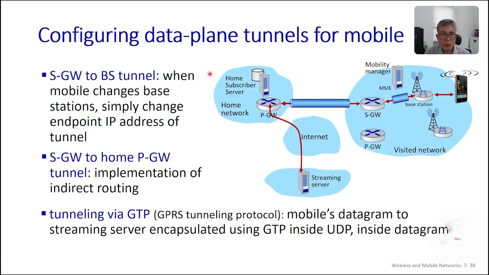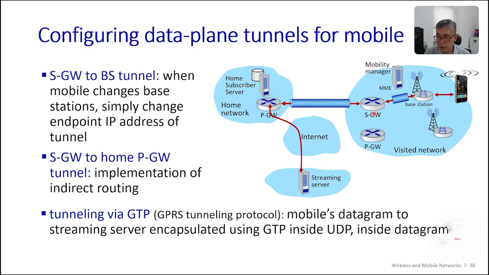Next, configuring data plane tunnels for the mobile. First of all, the base station and S gateway make a GTP tunnel here. Then the S gateway and P gateway also make a GTP tunnel.